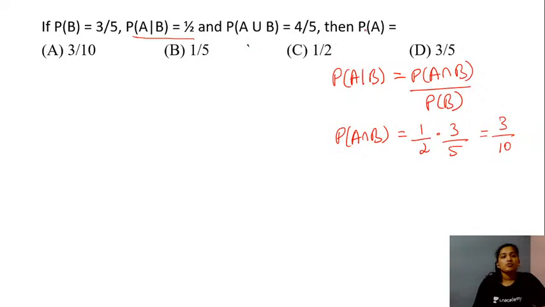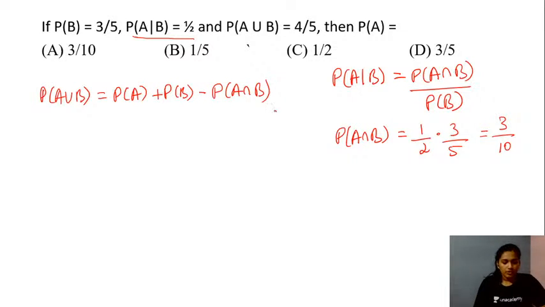Now here you are asked for probability of your event A, right? So we have this relation: probability of your event A or B is equal to probability of your event A plus the probability of event B minus the probability of your event A and B. So rearrange this equation, students, and get me the value for probability of your event A. Substitute all the values here. Do we have all the values given to us?